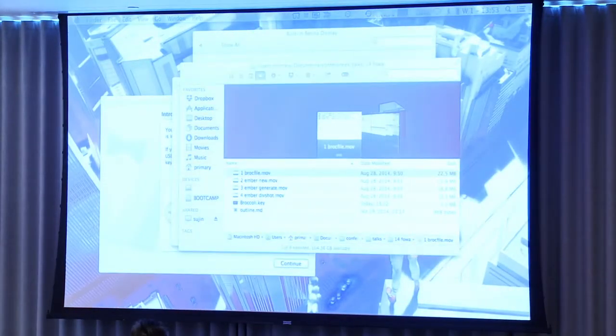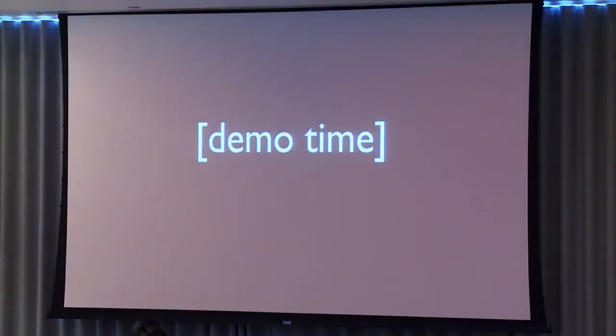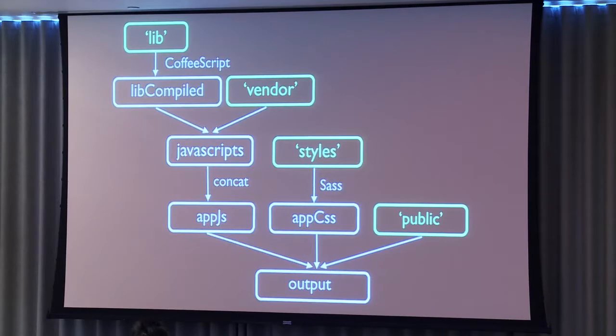Let me show you again what we just did in more visual terms. To visualize this Brocfile, I want you to notice that the primitive that Broccoli thinks about is not a file, it's a tree of files. So every rectangle that you see here is an entire directory, if you will.